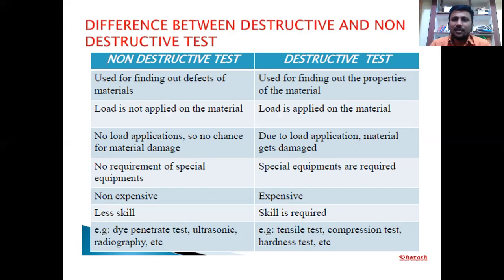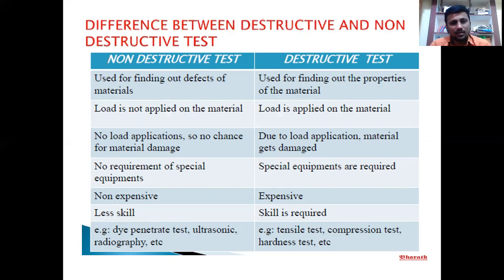That's why we can find out the material's properties, not their defects. In non-destructive type, we are not going to apply any load. We apply load only in destructive type tests, DT.